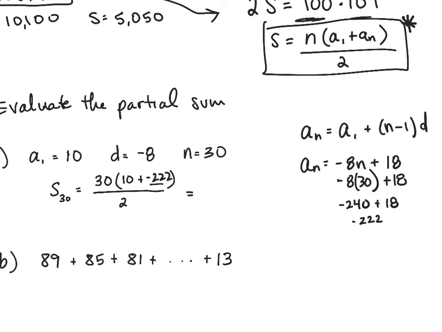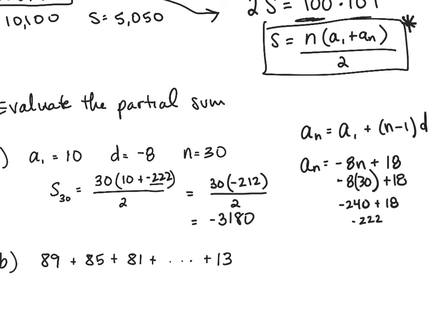And then we continue to evaluate this formula. 30, and then 10 plus -222 is -212, divided by 2. This is where we would now get a calculator to figure out the rest of this.